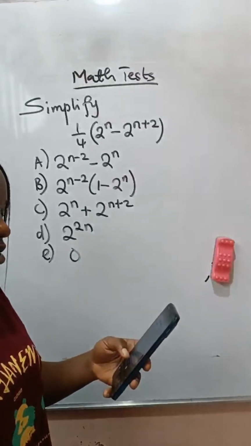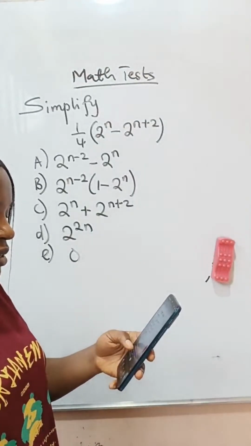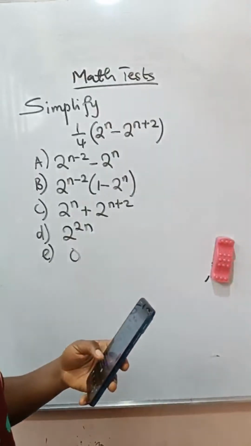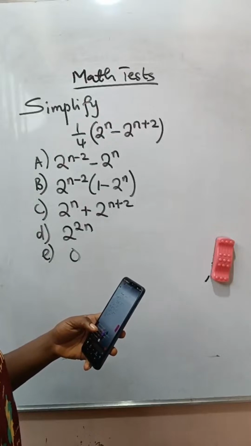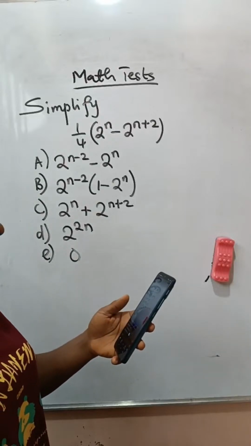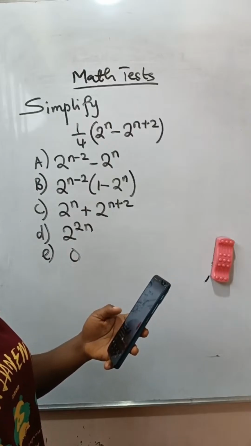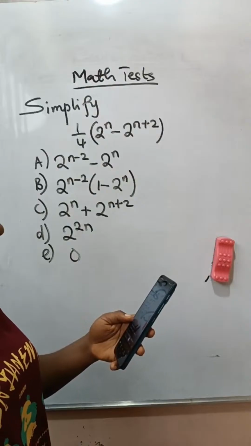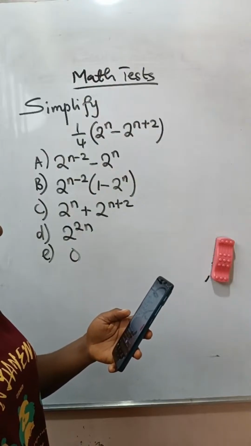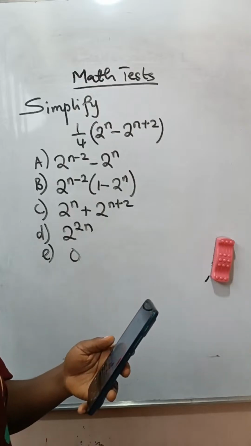Because I'm trying to get feedback for my horizontal live stream. So Jugu is saying the answer is 2 to the power of n minus 2 minus 2 to the power of n. That should be option A. Someone is saying A. Option A for Apple.